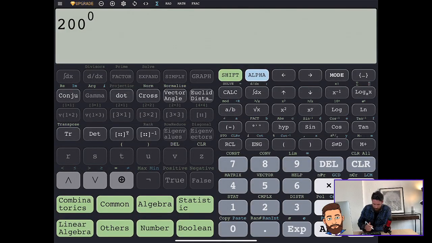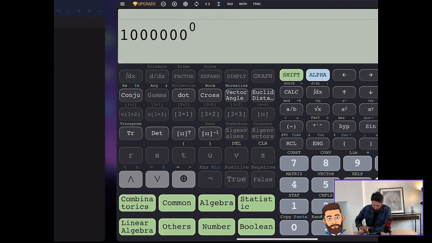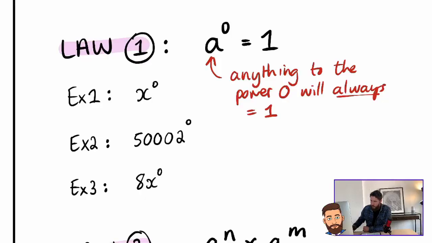So hopefully you can see that now. So 200 to the power 0 equals 1. If you did 1,000,000 to the power 0, it gives you 1. So really, really basic rule, but one that most GCSE students get wrong. They get it confused.